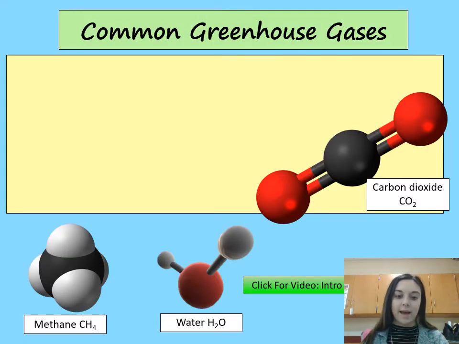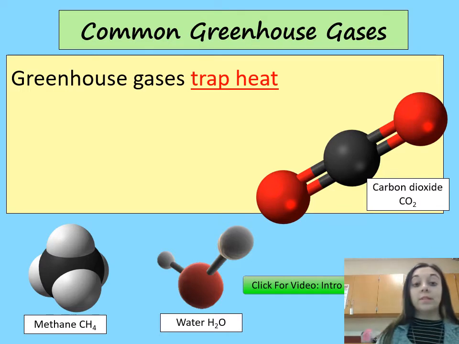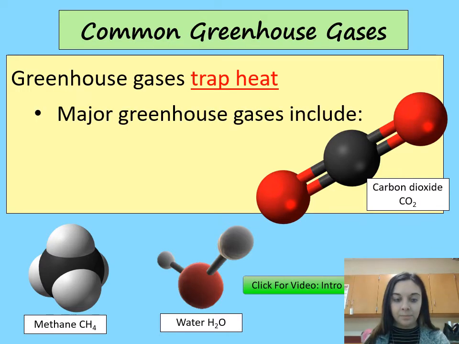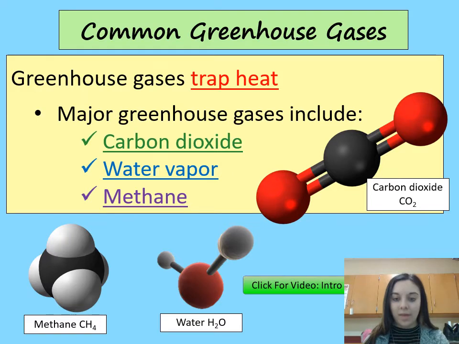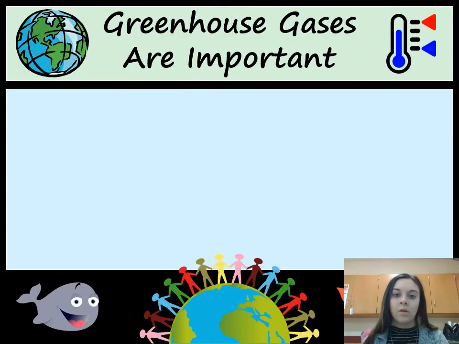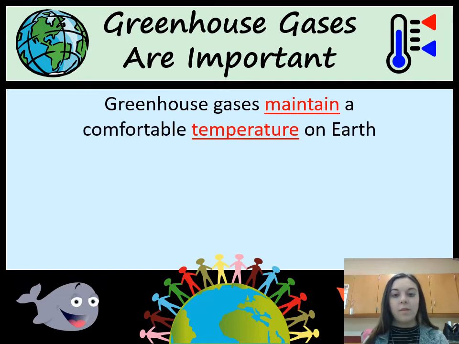Common greenhouse gases. So we talked about how they trap heat. The major ones are carbon dioxide, so like what we breathe out, water vapor, and methane, okay, which is like a waste product. They are important. They maintain a comfortable temperature on Earth.